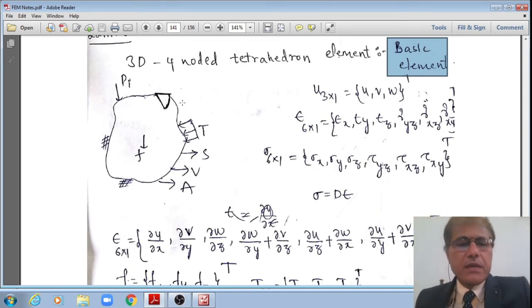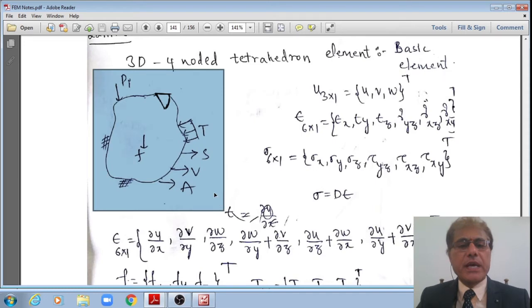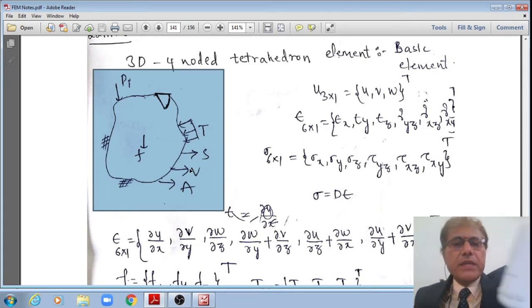That is how a generalized body is shown, which has a total surface area S and a total volume V of this 3D problem, right?